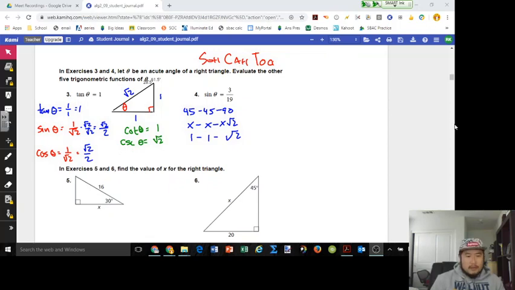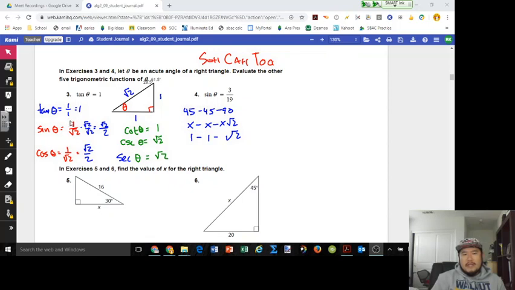And then for the inverse of cosine, we have a secant theta, and that is going to be equal to the same thing, rad 2. You could take rad 2 over 2 right here and take the reciprocal of it, but then you have to rationalize the denominator again and add another step.